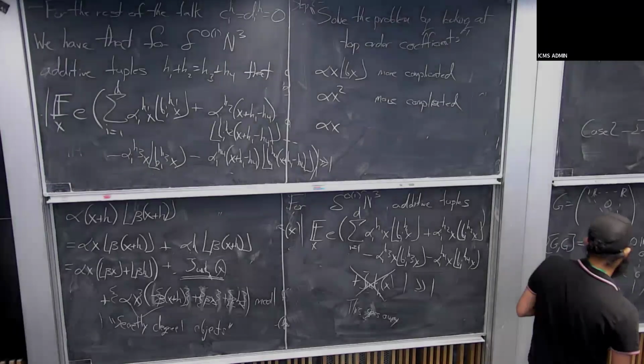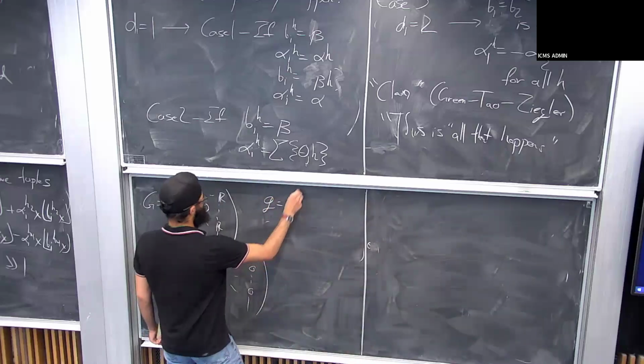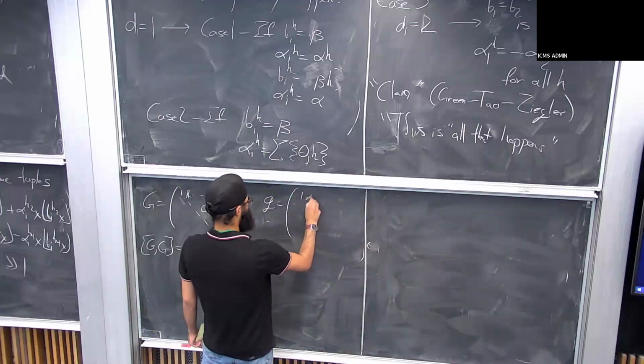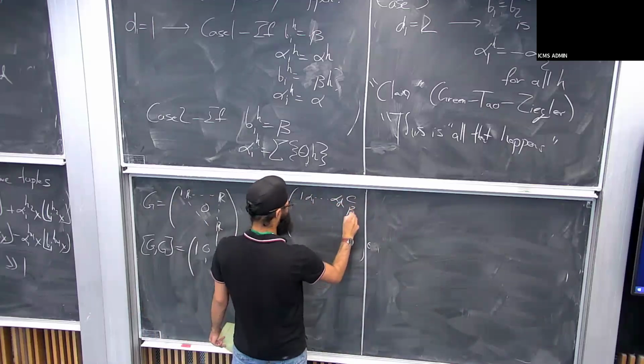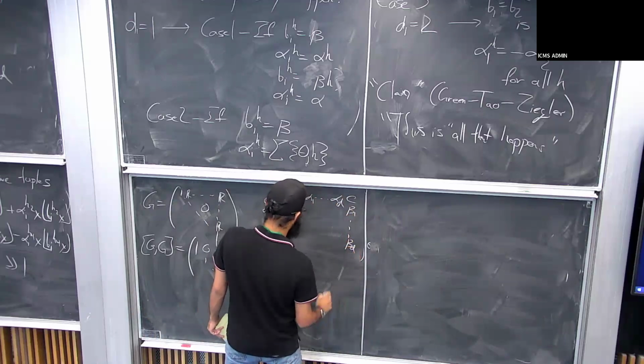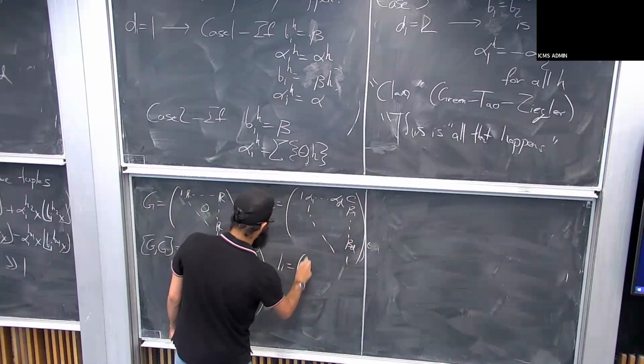I think we've already seen this automorphic function. So let little g be some specific element, alpha_1 through alpha_d and beta_1 through beta_d. H is 1.